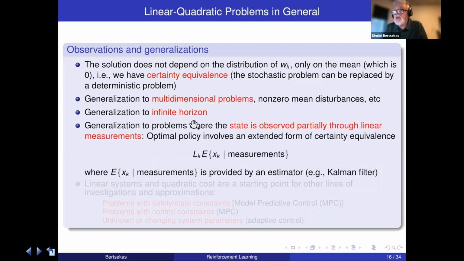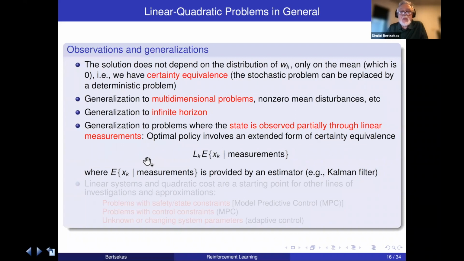Now, here's a major generalization. So far, we have assumed in our stochastic dynamic programming context that the state is observed exactly, perfectly. However, there are important classes of problems that involve imperfect state observation, partial state observation. Effectively, instead of observing the exact value of a state, we obtain some measurements, which are linear in the context of the linear quadratic problem.